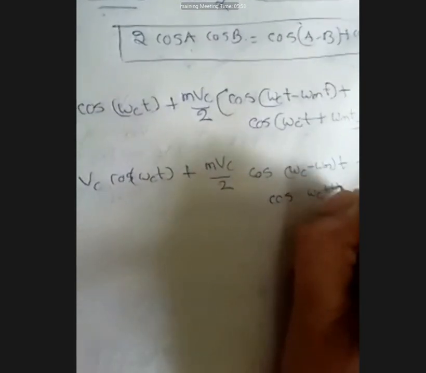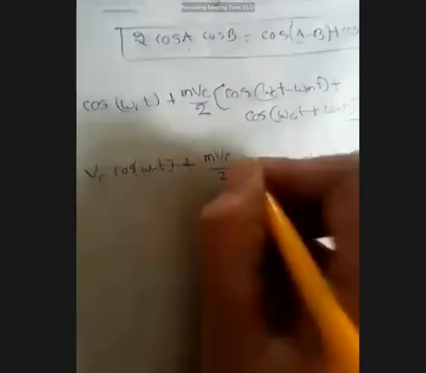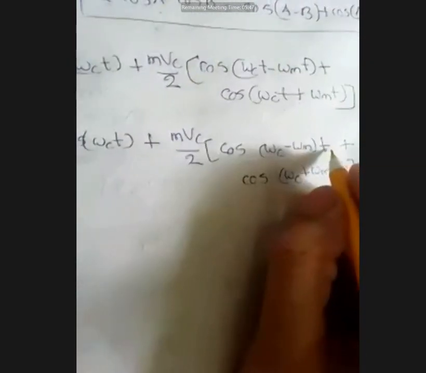Plus cos omega c plus omega m t. Okay, simply I have taken the term t as common. Cos omega c minus omega m t plus cos omega c plus omega m t.